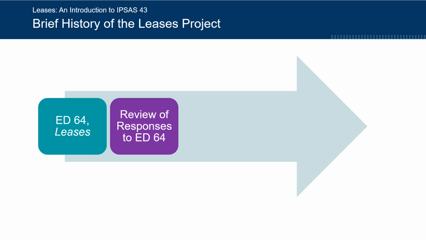After careful consideration of the ED 64 feedback, the IPSASB identified 3 options to progress the project. Retain IPSAS 13, develop a standard aligned with IFRS 16, or continue with a standard based on ED 64. The IPSASB decided that the public interest would be best served by proceeding with an IFRS 16 aligned standard, because it would address the key problem of off-balance sheet leasing opportunities permitted by IPSAS 13 and be less costly to adopt.